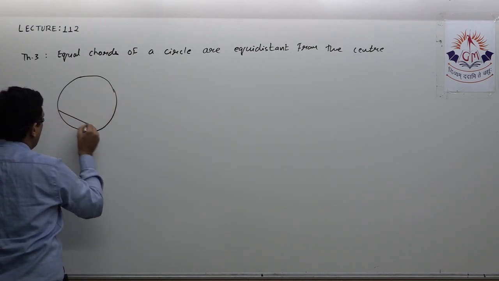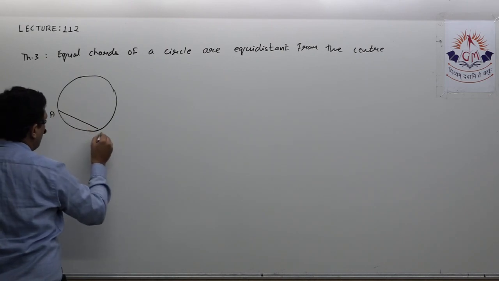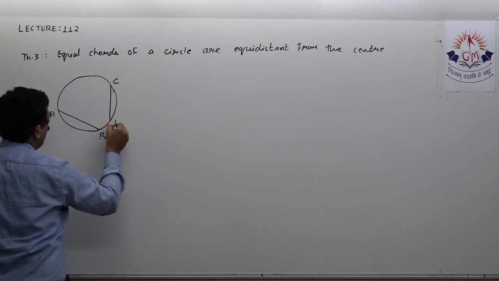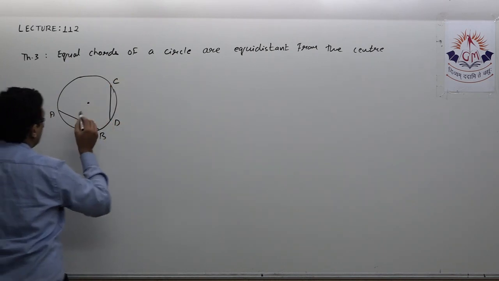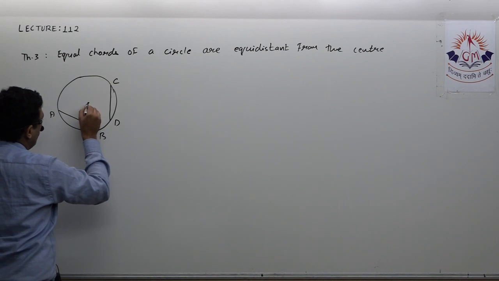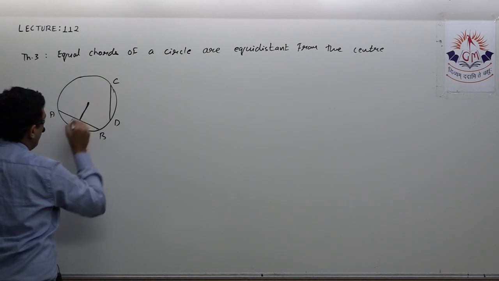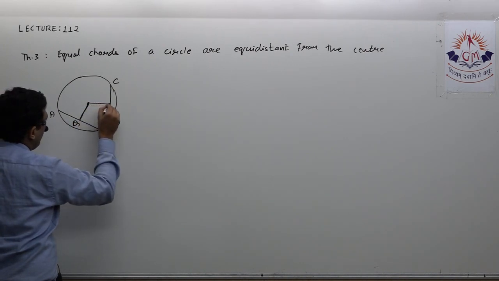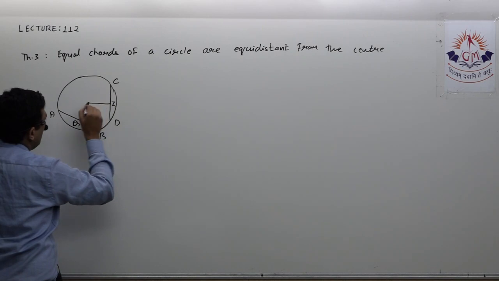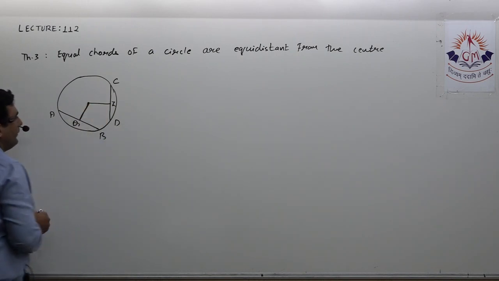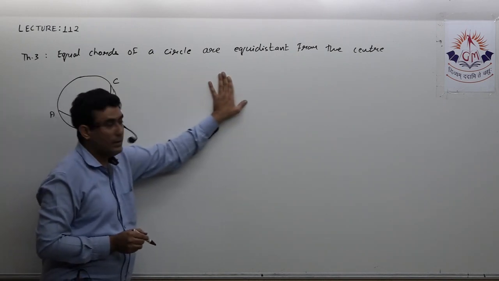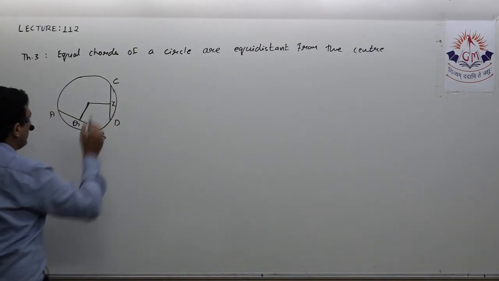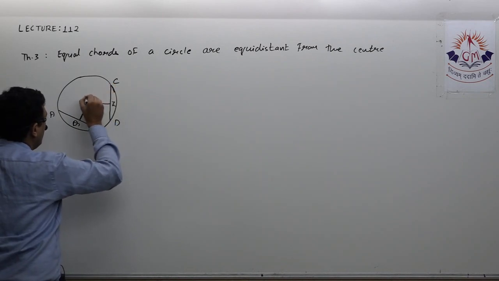Suppose I have a chord AB and another chord CD, such that they are equal, and the center of the circle is O. Now, if OQ and OZ are the perpendiculars on the chords from the center, then we have to prove they are equal, because the theorem says equal chords are equidistant. That means their distance from the center must be equal.